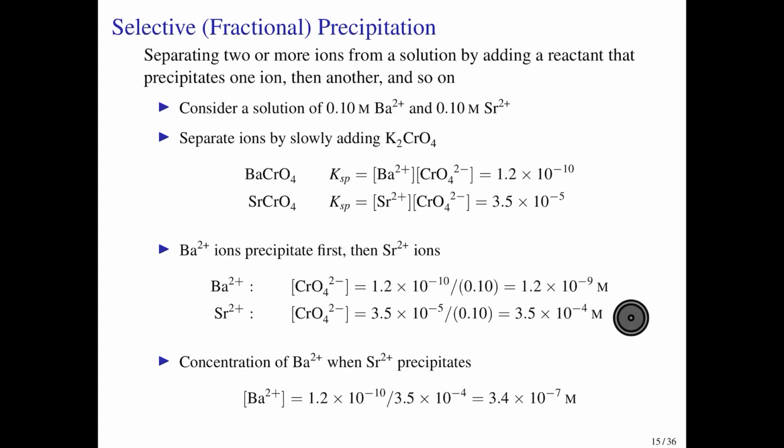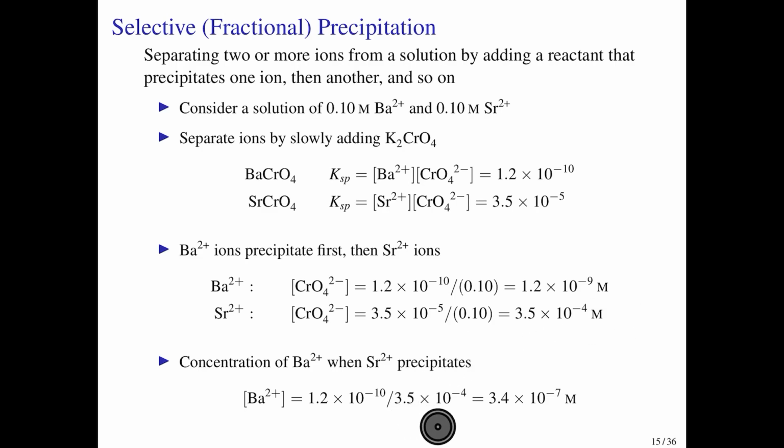The idea here is to take the KSP relationship for the barium chromate and substitute in this chromate concentration, the 3.5 × 10⁻⁴, and solve that for the barium ion concentration. So we do that here. We rearrange this KSP and solve it for barium, but substitute in this concentration for the chromate.